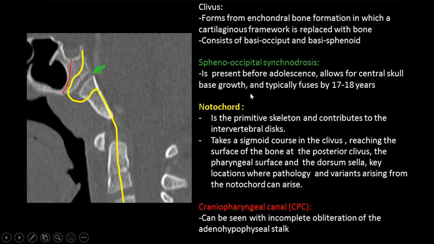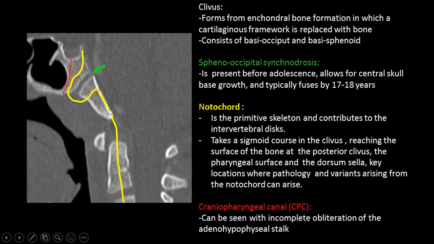The notochord is the primitive skeleton and contributes to the development of the intervertebral discs. Its normal course is indicated here by the yellow line. Note that it takes a sigmoid course through the clivus, and it reaches the surface of the bone at the posterior clivus, as well as along the ventral margin of the clivus where it extends to the pharyngeal surface, and again along the dorsal superior margin of the clivus in the region of the dorsum sellae.